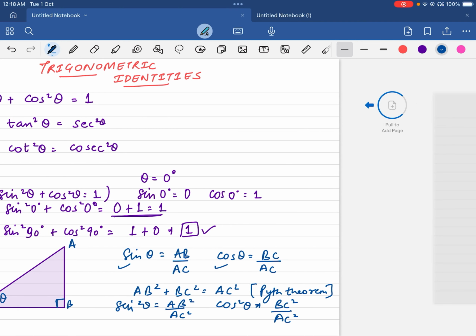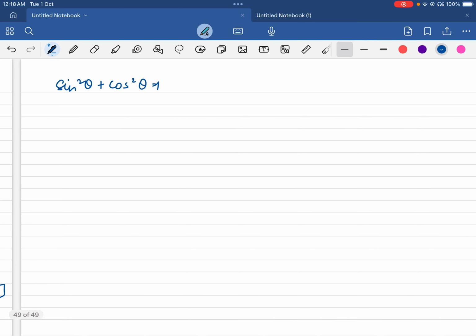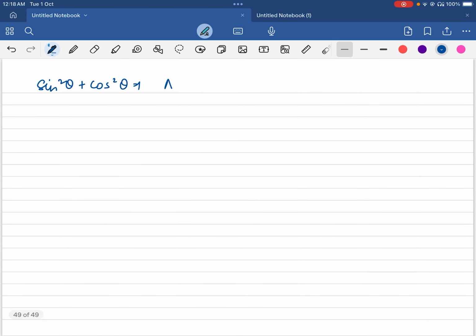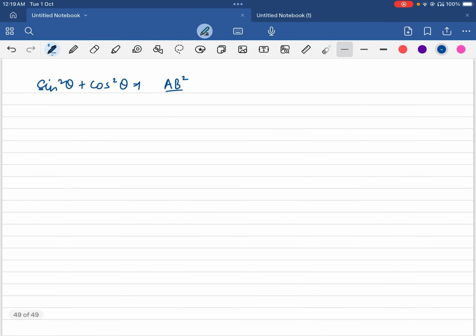If I add them up, sine square theta plus cos square theta is equal to AB square upon AC square plus BC square upon AC square. Since the denominators are the same, we can add the numerators: AB square plus BC square upon AC square.